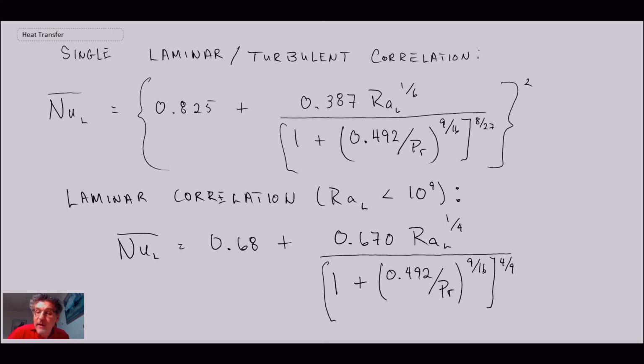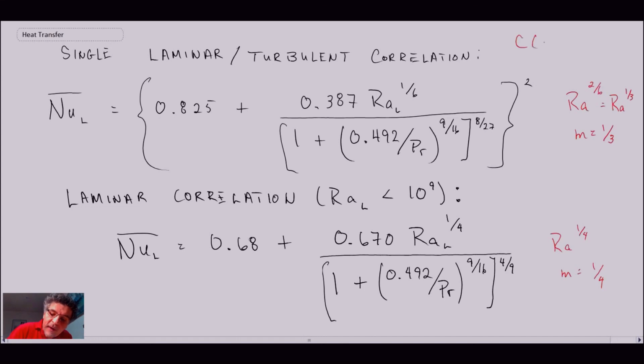And it is interesting to note in the first equation, what we have is Rayleigh number to the 2/6, which is Rayleigh to the 1/3, which was the value M equals 1/3 that we said for turbulent flow. And then in this relationship here, we have Rayleigh number to the 1/4, and that would correspond with our M equals 1/4. So it's consistent with the relationship that we saw earlier.